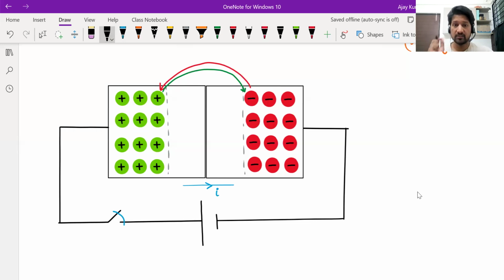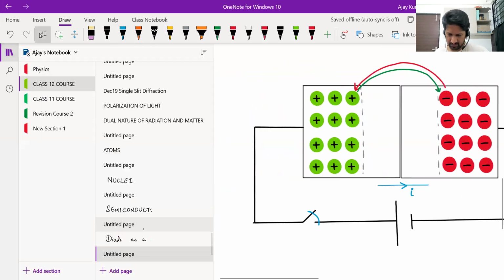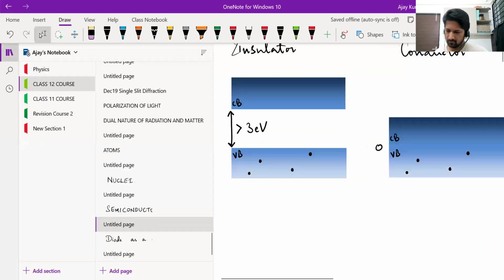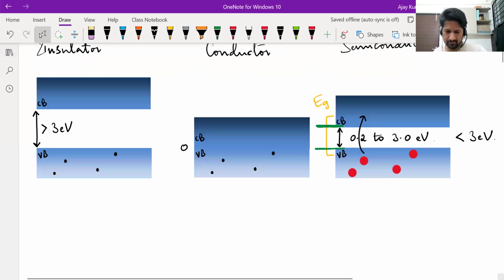How does it produce light? Now, when electrons from the inside, conduction electrons, what are conduction electrons? High energy electrons. Let me just copy that energy band diagram of semiconductors.